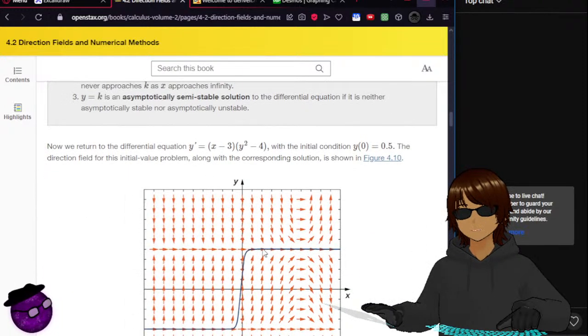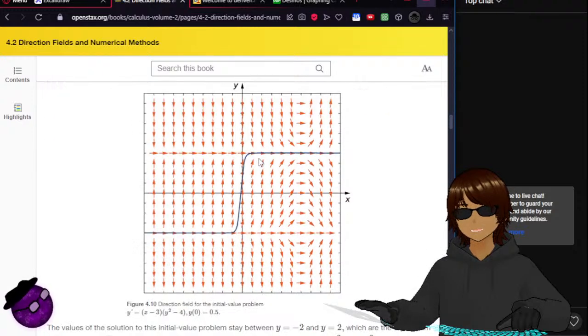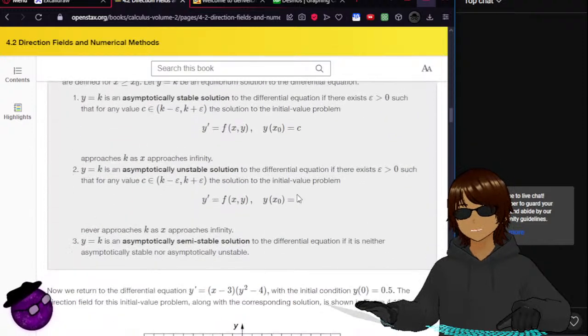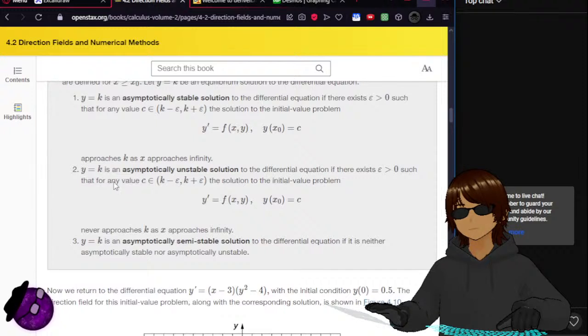I see. If you choose this tiny range, then as x goes to infinity, no, I don't think that would work. I think if you choose a very small range, then as x goes to infinity, it will approach k.